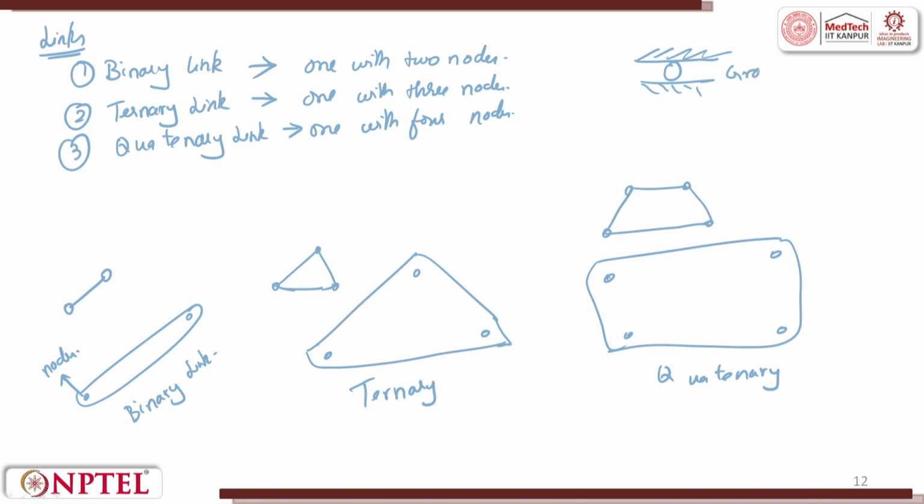These are grounded half joints. Okay. So, you can have many more things. We can have a moving rotating joint. So, this is a grounded half joint. If you just represent it by a circle, it is called a moving rotating joint.